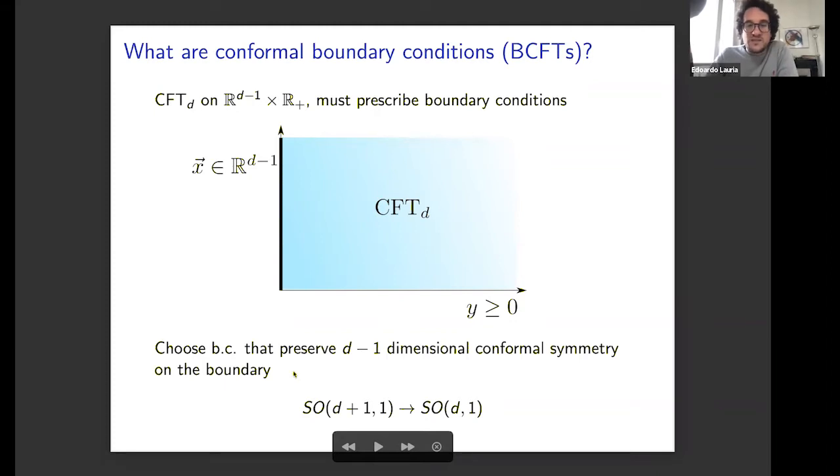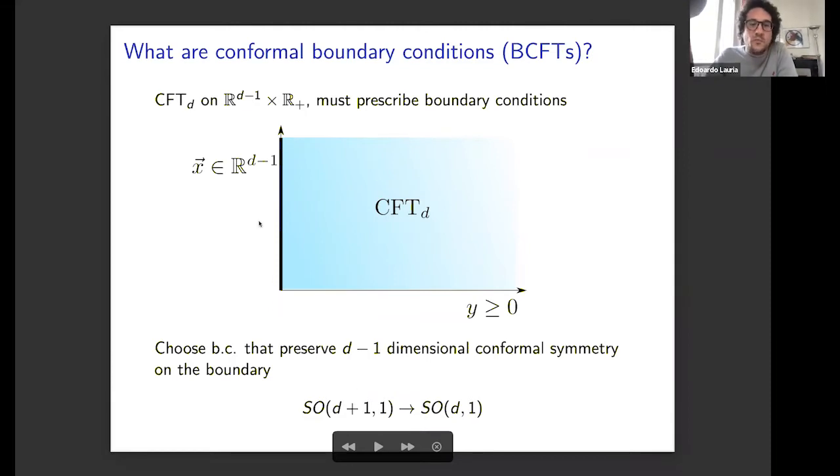If you started with a conformal field theory, invariant under SO(D+1,1), the Euclidean conformal group in D dimensions, then in the presence of a flat boundary you necessarily break this symmetry down to SO(D,1), which is simply the conformal group acting on D-1 dimensions.